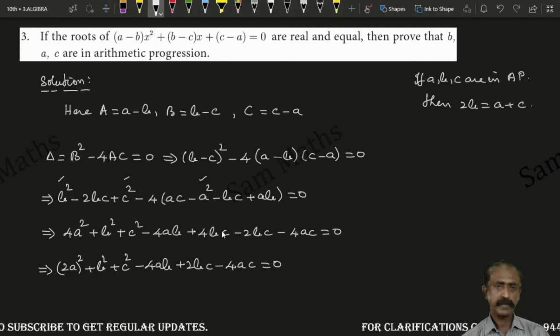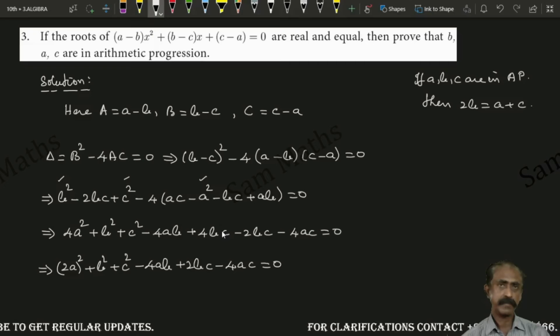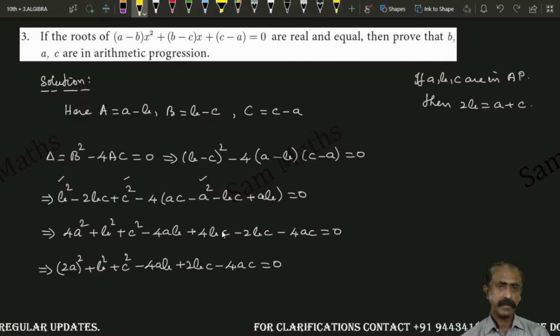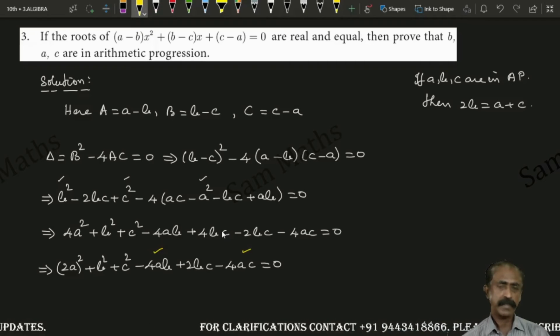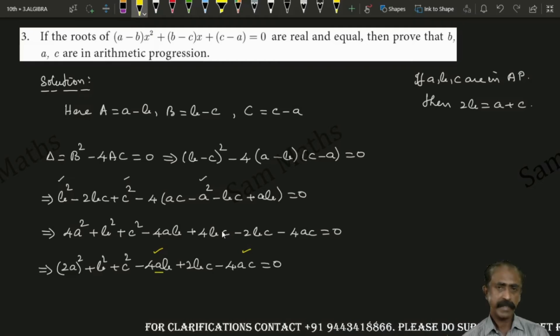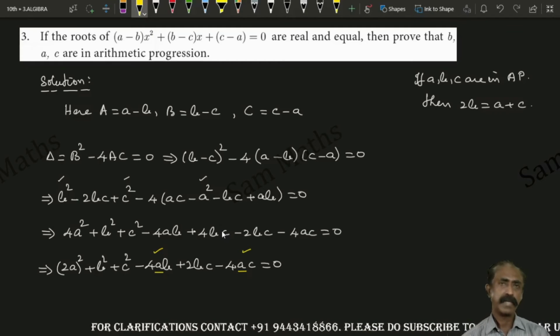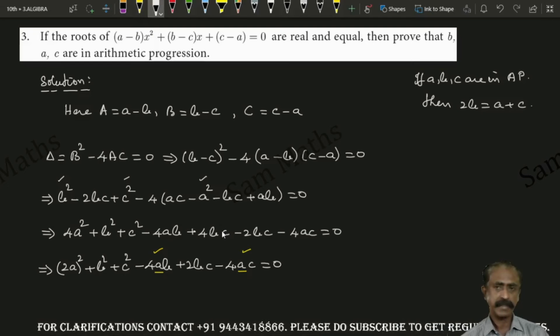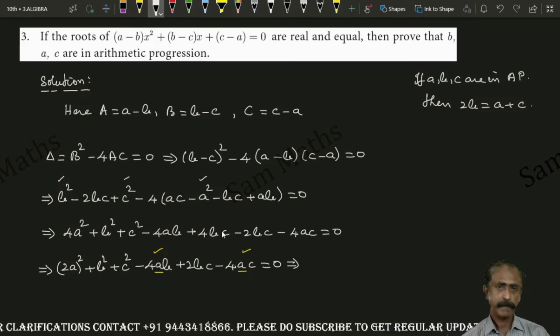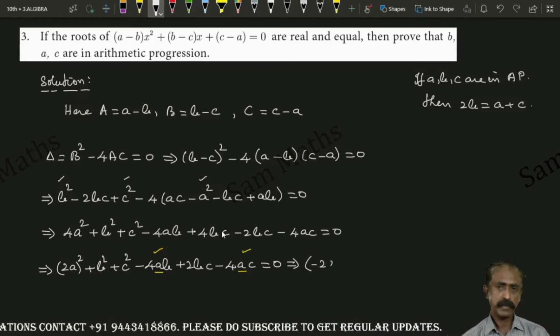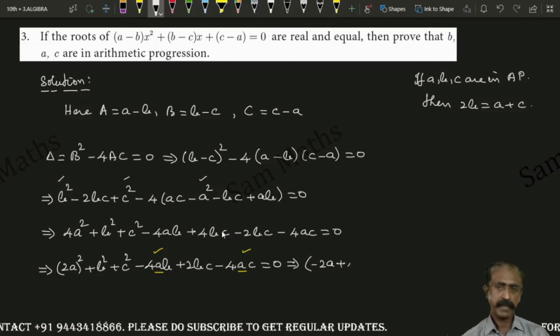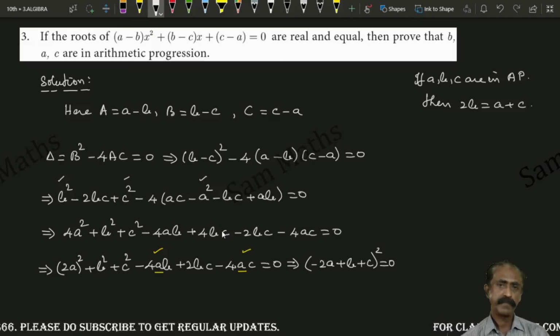Here you know two terms involved with negative, that is these two terms. Clear children? Here a is common, therefore I am going to consider this as minus (2a plus b plus c) the whole square equal to 0.